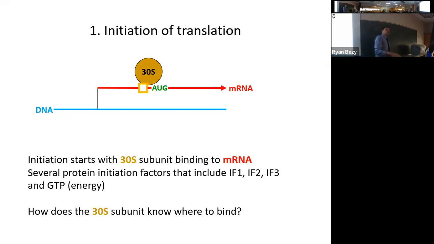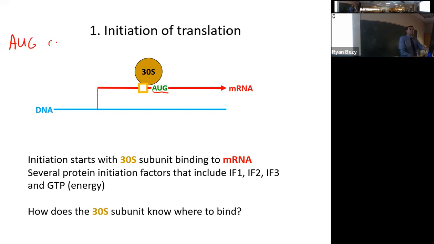But the question is also, how does the 30S subunit know where to bind to start this process? How does the 30S subunit know where the start of translation is? Anybody have any ideas? Okay, AUG is what we sometimes call... what's the name for an AUG?